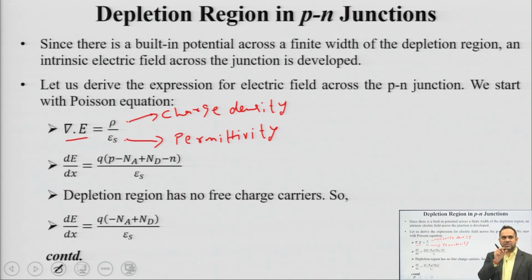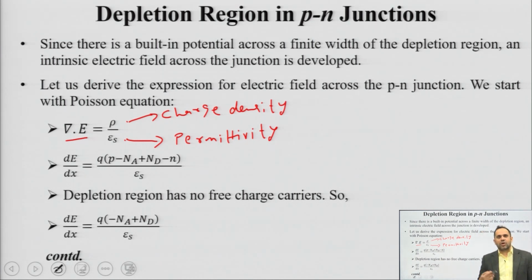So, charge q times carrier concentration is going to give me charge density. Sources of charge can be hole concentration, electron concentration, positive donor ions, negative acceptor ions. So, positive charge minus negative charge is my total concentration multiplied by q gives me total charge density. So, p minus Na plus Nd minus n.